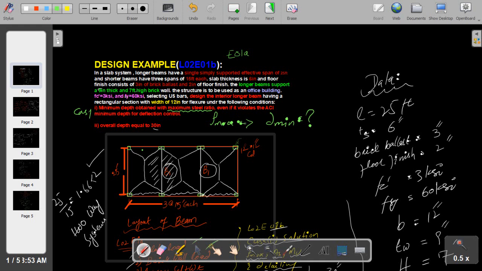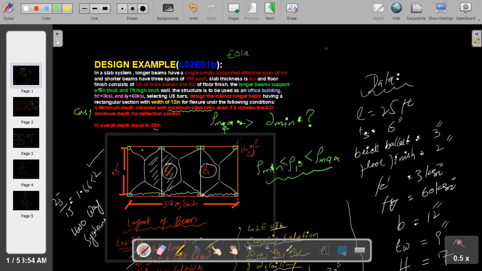This is one of the most important questions: how to use the rho value and determine the minimum depth to satisfy the ductility criteria, that rho provided should be greater than rho minimum but less than rho max. We will use the rho value and find the D value, even if it violates the ACI minimum depth for deflection control.